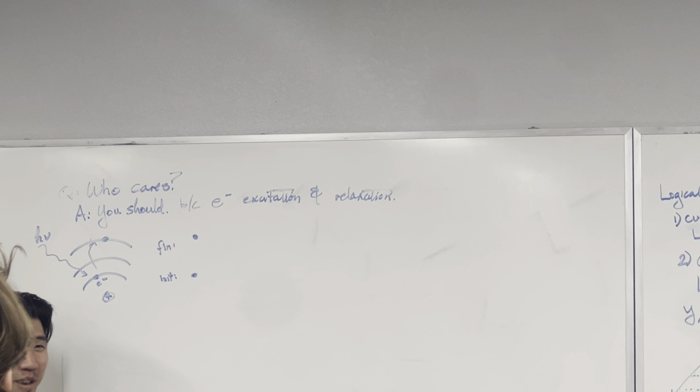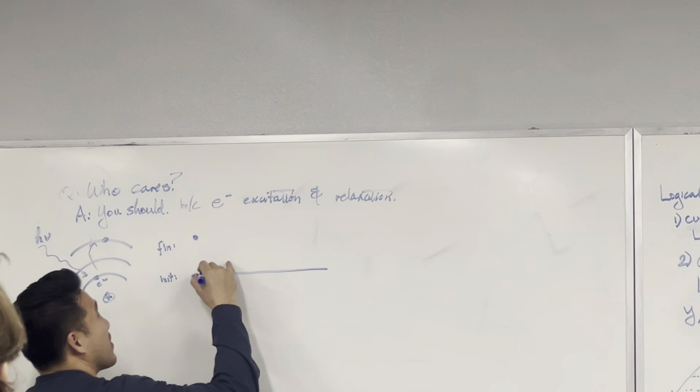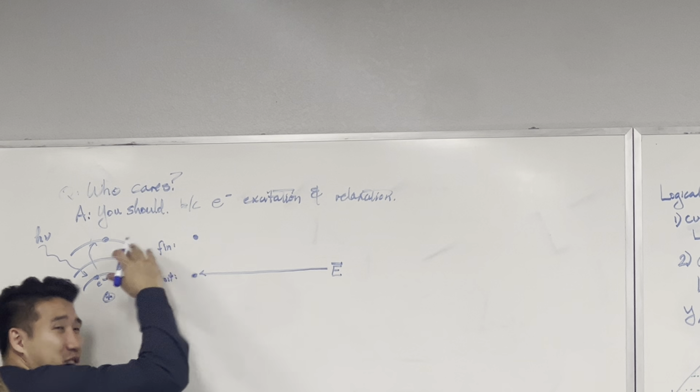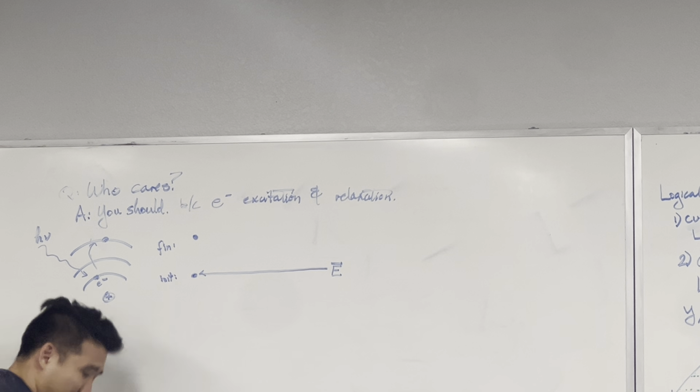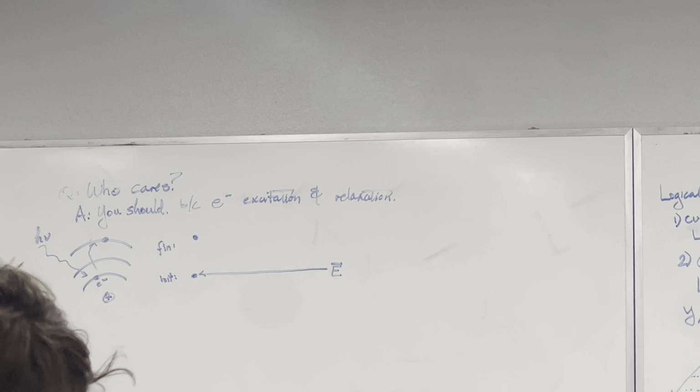Well, let's just limit our focus onto a single one of those electric field lines, the one that's pointing to it like this. There are other ones converging, I understand. Let's just focus on one for the purpose of our analysis. But what about when the electron gets excited?